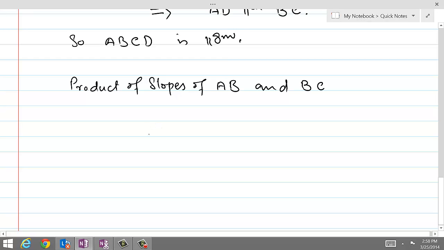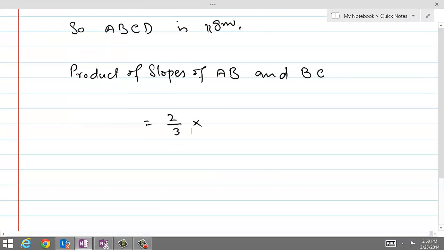What was the slope of AB? That was 2 over 3, and the slope of BC is equal to -2 over 3. So the product is equal to -4 over 9, which is not equal to -1.